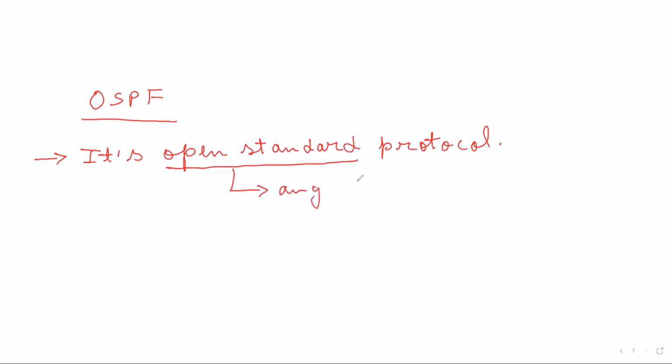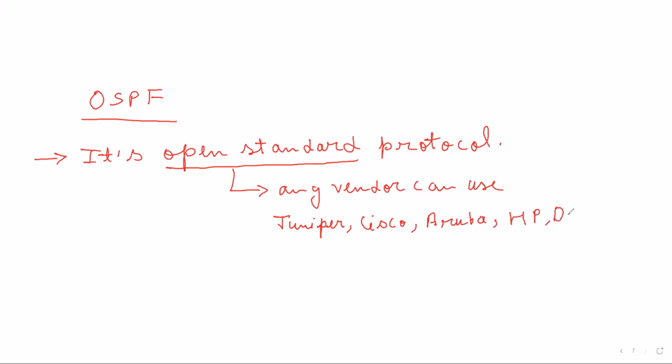Vendors we have in networking, like Juniper, Cisco, Aruba, HP, Dell, Nexus. I don't know, so many companies. So okay, it's an open standard protocol.